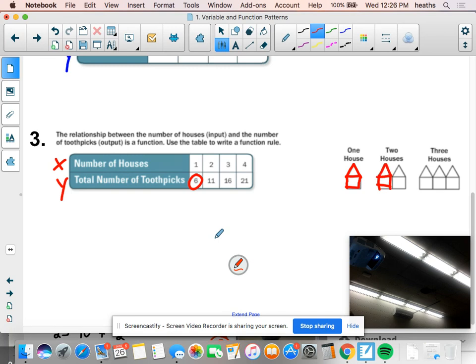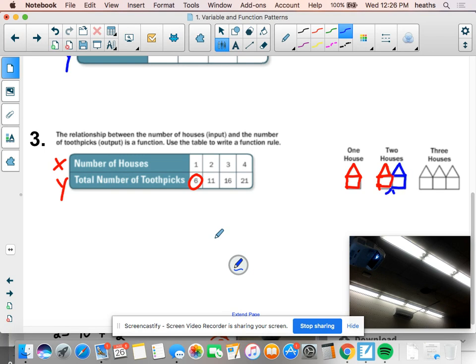I'm going to redraw it. But if you do a second house, you don't have to count this right here because it's already there. That toothpick's already there. Okay? So in blue, for the second house, instead of needing 6 sides, it needs 1, 2, 3, 4, 5.